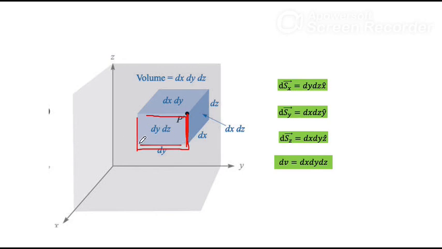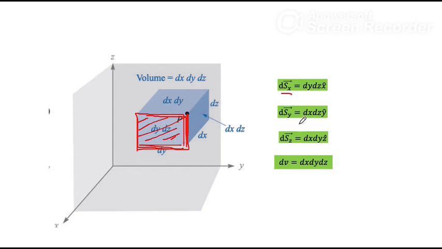If I move a distance dz in the z direction and a distance dy, I will get an area dy dz. That would be my area, dy into dz. This is the front surface area, in which I have moved dy and I moved dz.